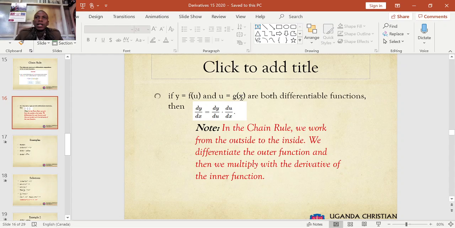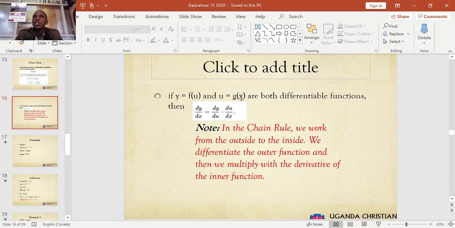Let me say education is determined by attendance. But attendance is also determined by something, let's say how you eat at your hostel, whether you're eating or not.